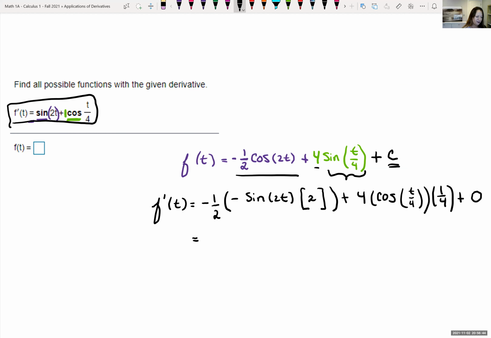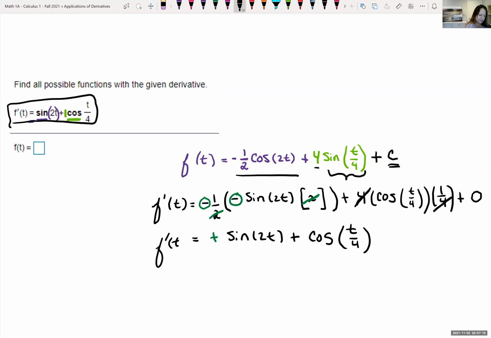So cleaning this up a little bit, I have a negative and a negative, so that's positive. I have a 2 in my denominator, a 2 in my numerator. And so I'm left with positive sine of 2t plus, this 4 here in my numerator and 4 in my denominator cancel, leaving me with cosine of t over 4, which is what I originally was given.